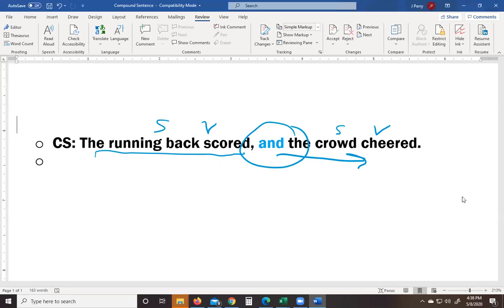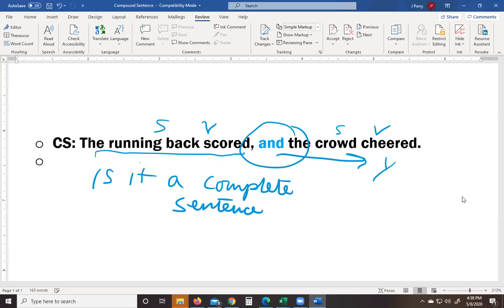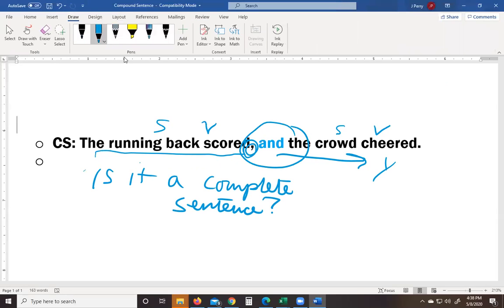If the answer is yes, then I need to put that little comma right there. If the answer is no, then I have a different take.